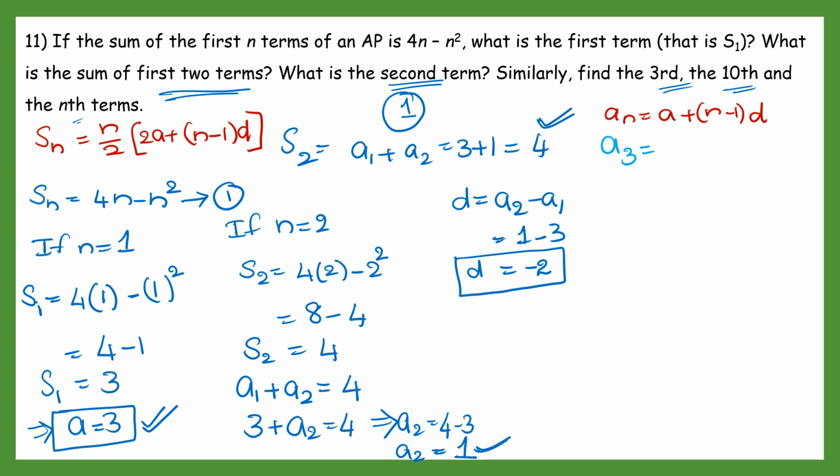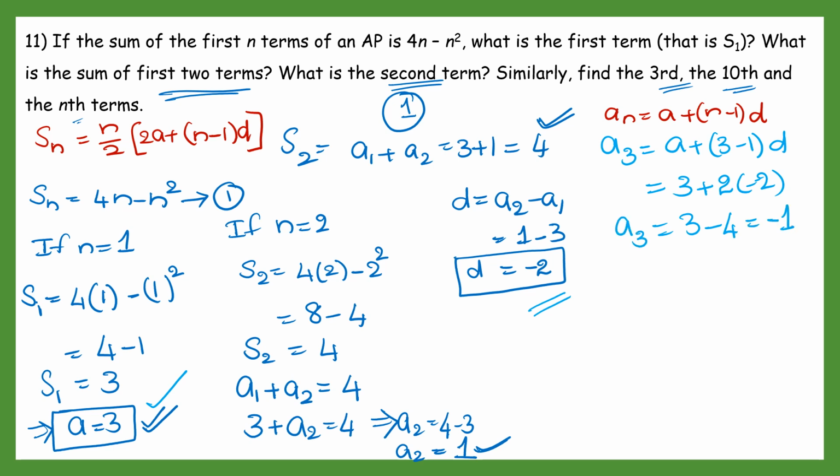A3 is equal to a plus 3 minus 1 into d. We know the value of a as 3. Here you have first term as 3. 3 plus 3 minus 1 is 2. Common difference is minus 2. So, 3 plus 2 into minus 2 is minus 4. So, 3 minus 4 is minus 1. So, we got the third term as minus 1. Now, they are asking 10th term.